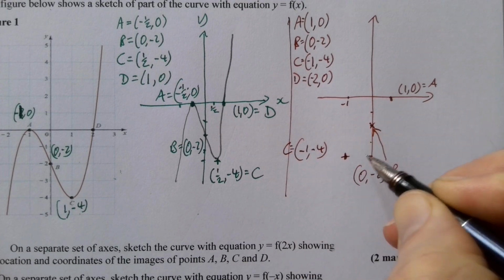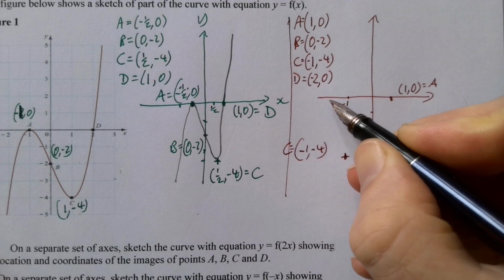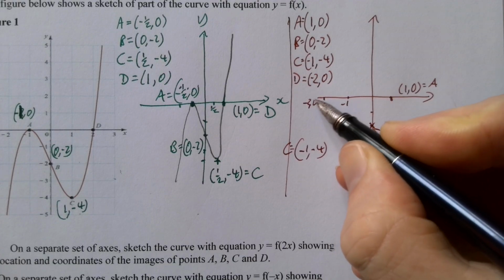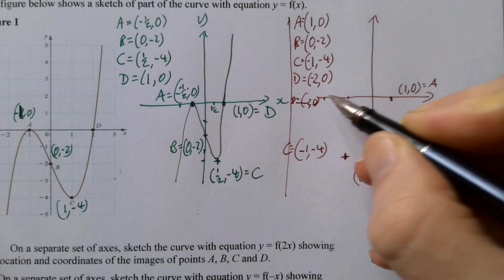That's C. And then we've got at -2, we've got our D being there.